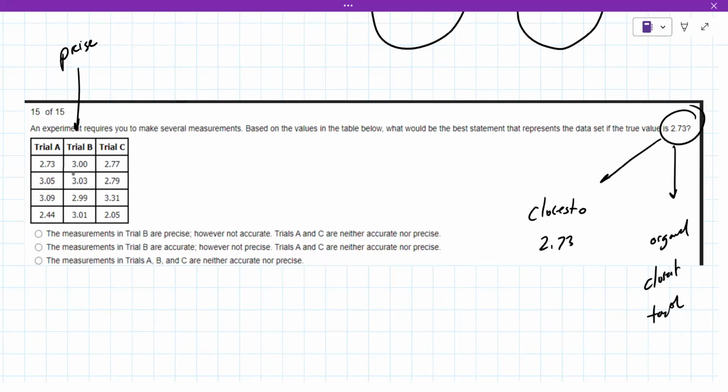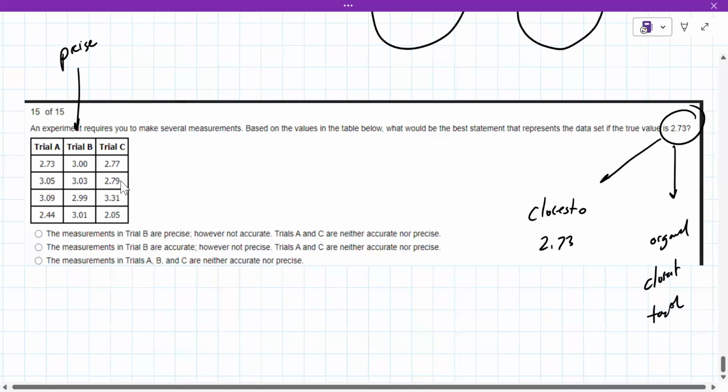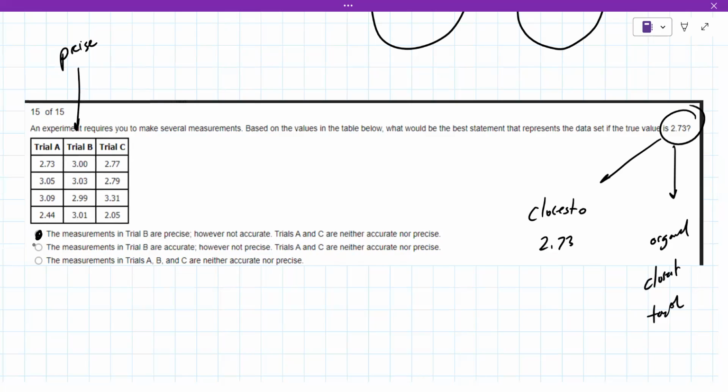And then the other ones are kind of difficult. A and C, I'm not really sure. 2.79 is kind of accurate, and 2.77 is kind of accurate, but the rest are not. Same with A, 2.73 is kind of accurate, but the rest are not. So I suppose that would be the best answer for that.